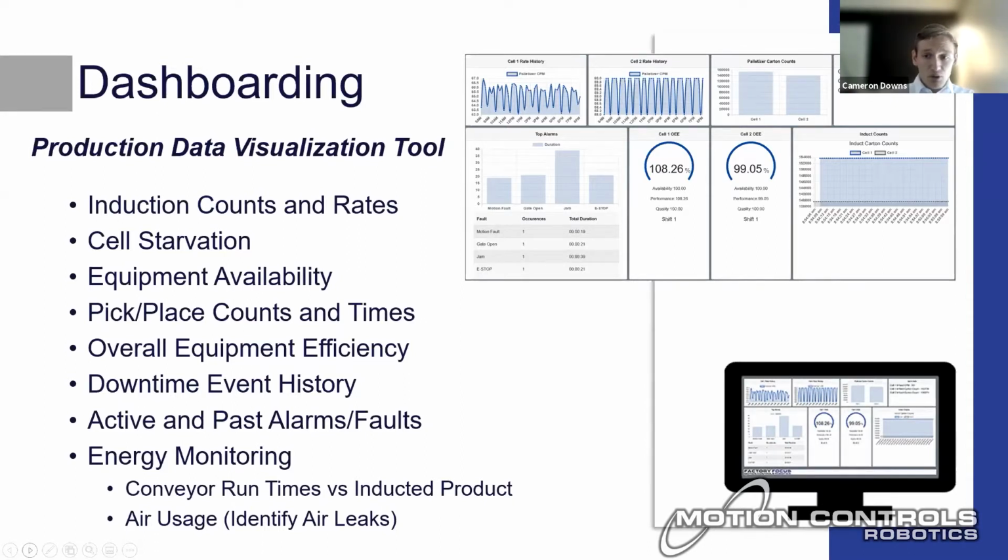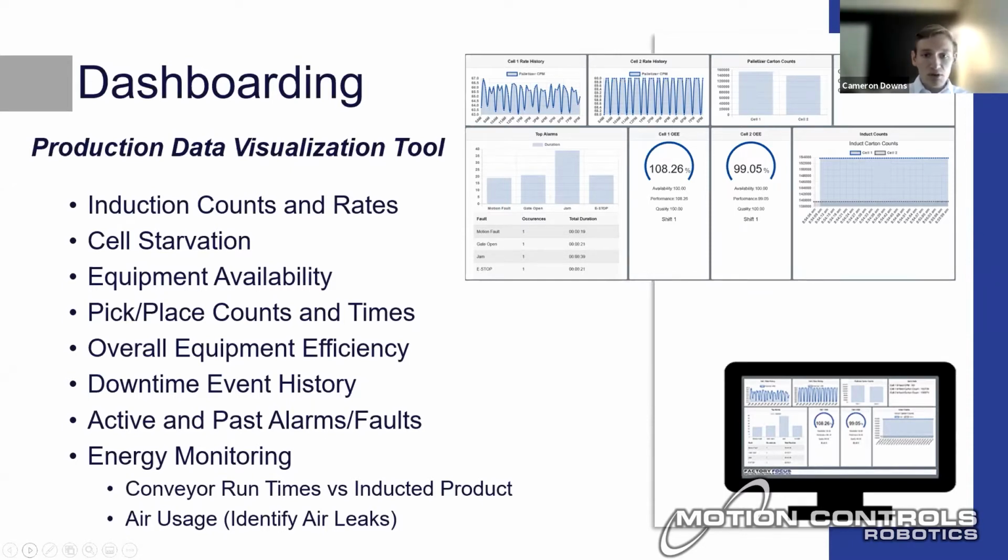With the use of a dashboard and the use of charts, basically anyone can look at this and say, okay, my machine ran really well today, or it ran really poorly, strictly by looking at how well your machine performed based on overall equipment effectiveness or induct counts, or looking at your aggregate of alarms over the day, or how much downtime you had. This is all capable through our dashboarding module.